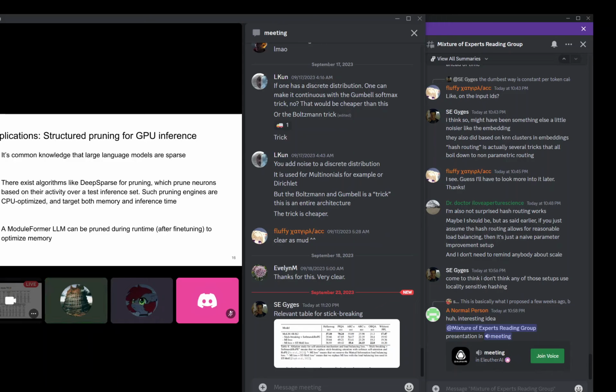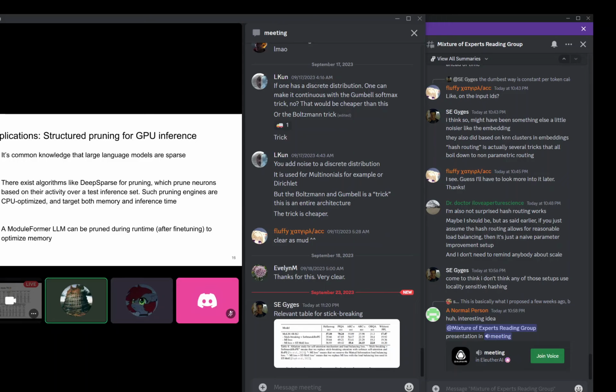This is CPU optimized because you have a bunch of matrices with holes in them. The way they do it in DeepSparse is they put it into the CPU cache in vertical slices. But we want horizontal slices, right?